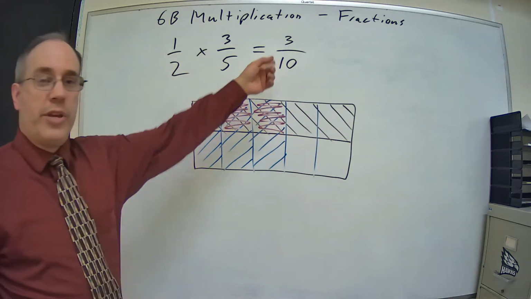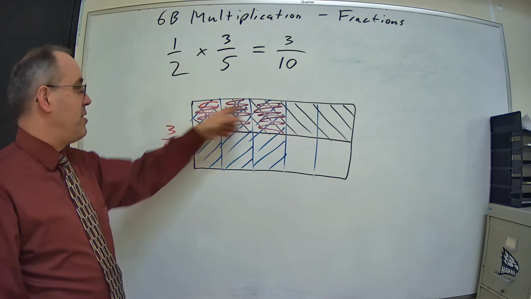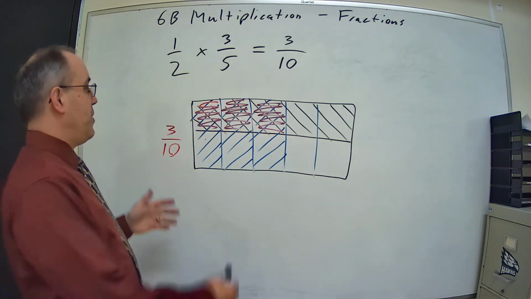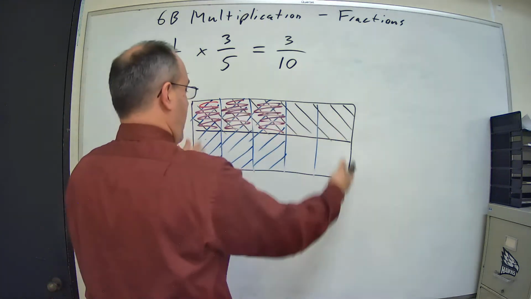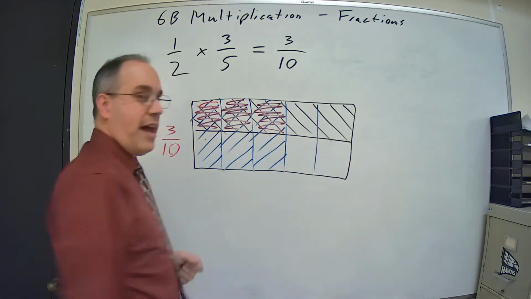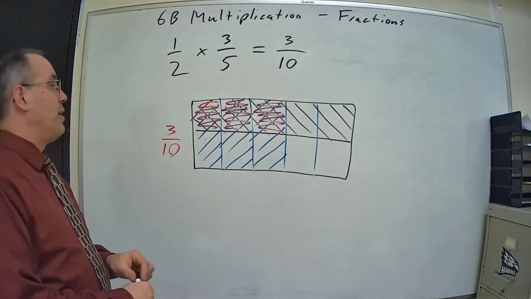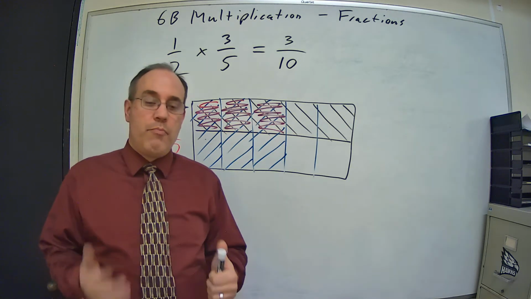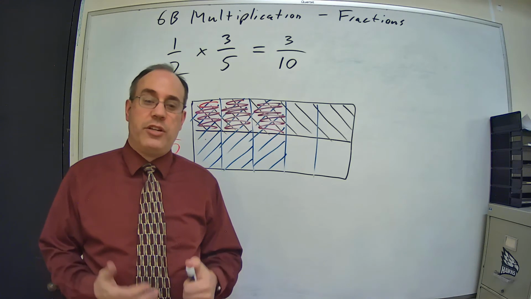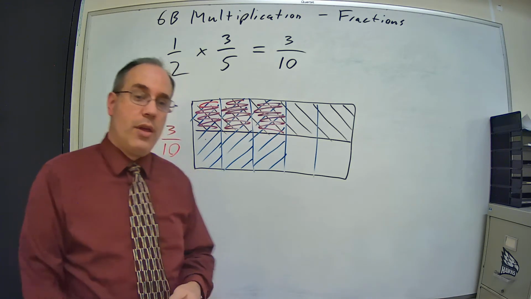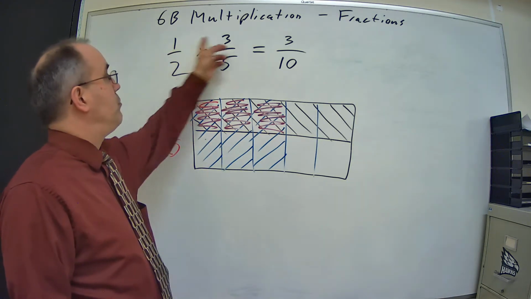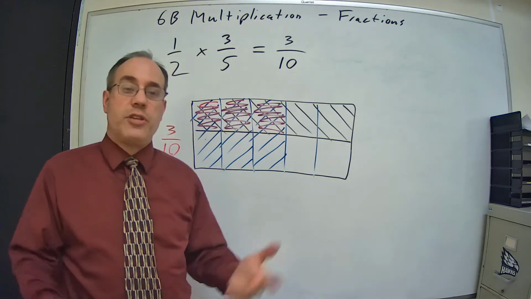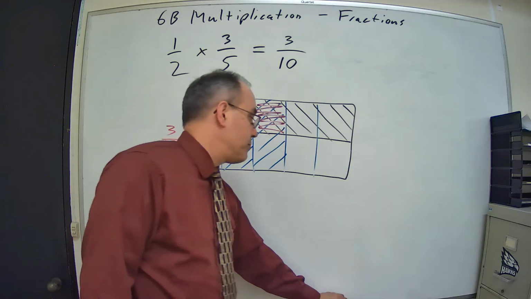And we get 3/10, which is exactly what we saw visually by making it 1/2 by 5. Just multiplying or taking those portions. So that's what makes multiplication of fractions simple, is all we have to do is multiply the numerators, multiply the denominators, and then simplify if possible.